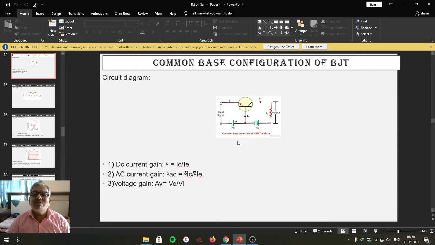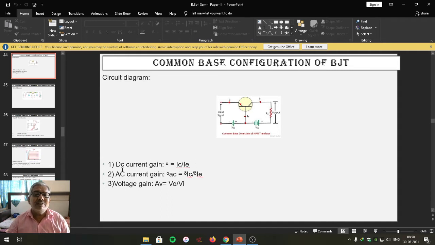In common base configuration, output current is collector current, input current is emitter current. So that's why DC current gain is denoted by alpha, and that's equal to IC upon IE. In common emitter configuration, it is beta equal to IC upon IB. That is the difference. Please do remember these differences.